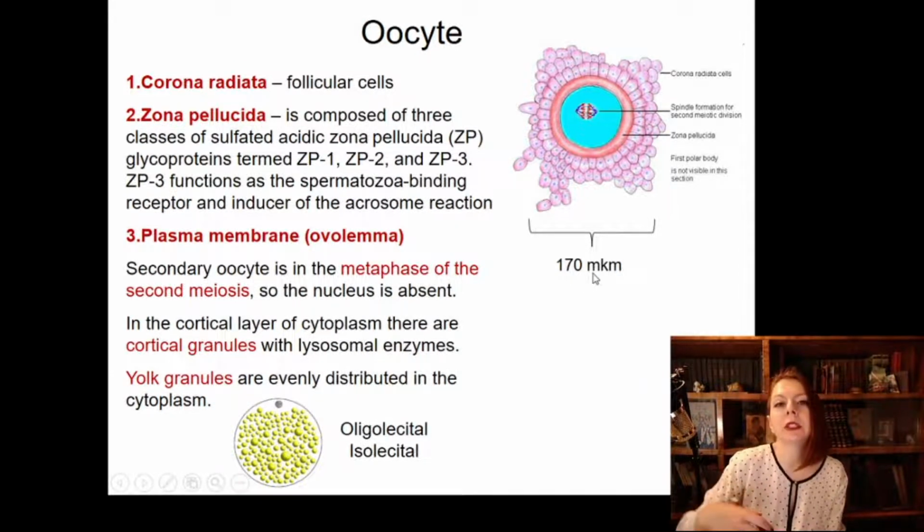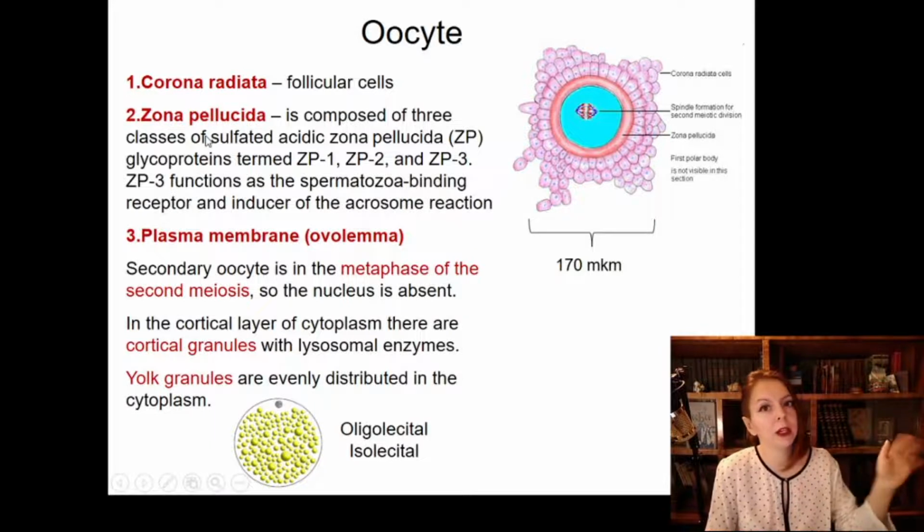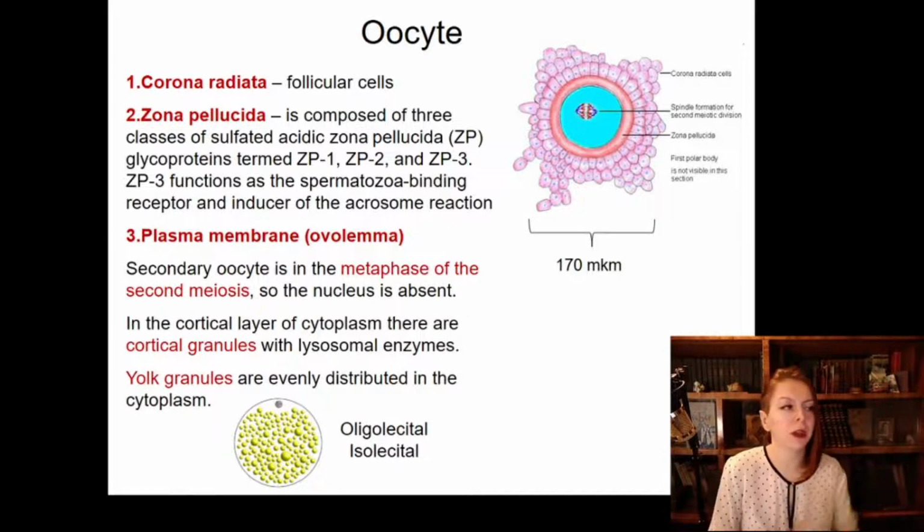That's because it contains all the nutrients necessary for the first week of development, as the spermatozoon carries only the nucleus and the centriole. Then the oocyte is immotile, so it can't move itself, and it is moved passively by the beating cilia of the fallopian tube. Then first we have to discuss the envelopes it has.